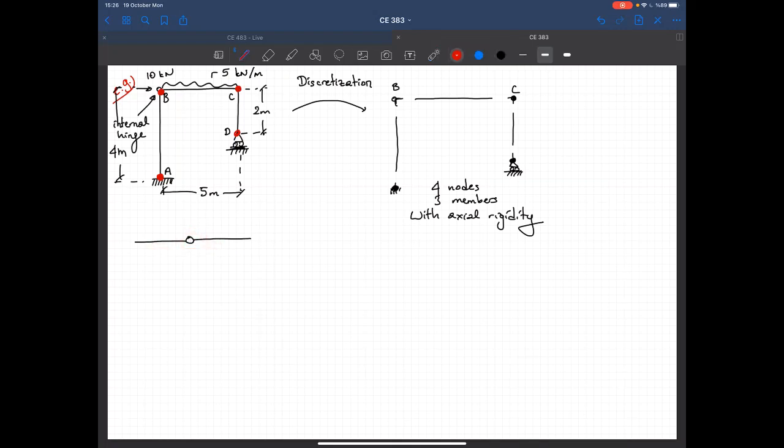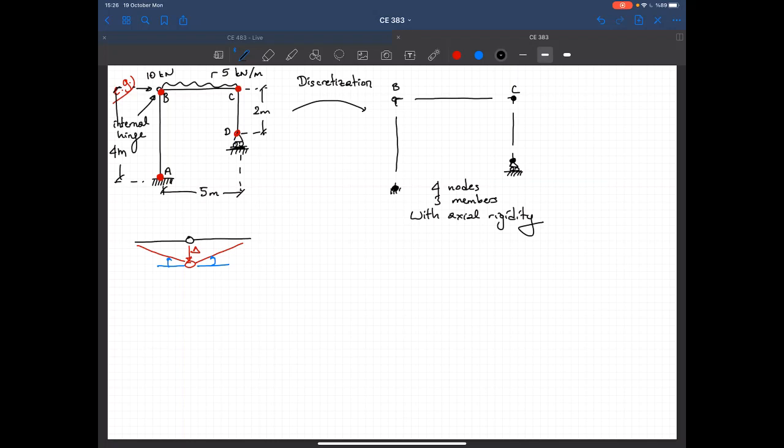But let's draw another deformed shape. If this point moves by delta amount, both members move the same amount. But this member has a different rotation than this member. This end is free to rotate.